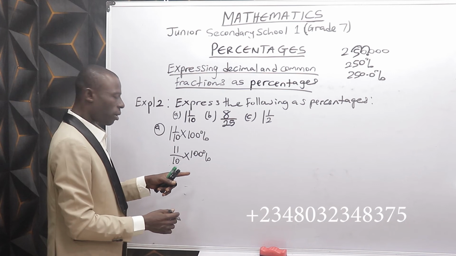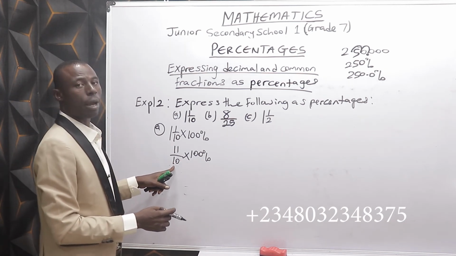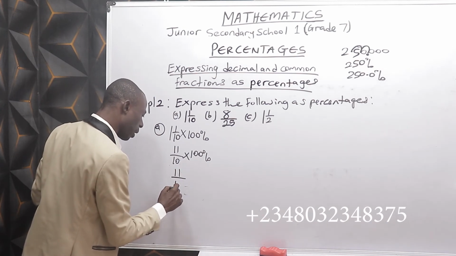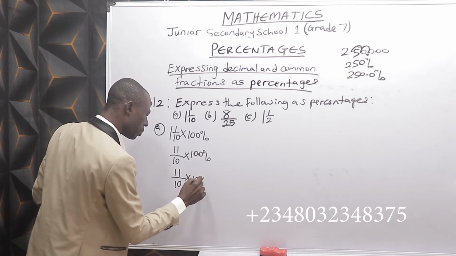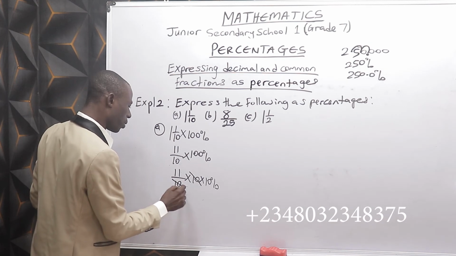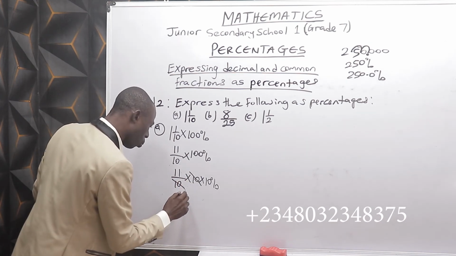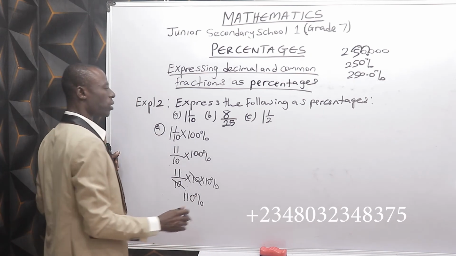Now, break 100% into factors such that the denominator here will reflect there. So we have 11 over 10 times 10 times 10%. So 10 will take care of 10. Here we have 11 times 10. That is 110%. That is it about question A.